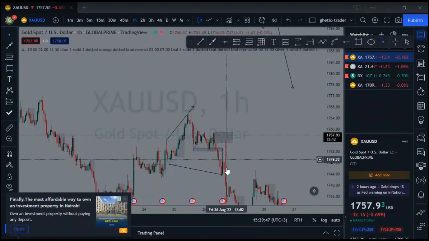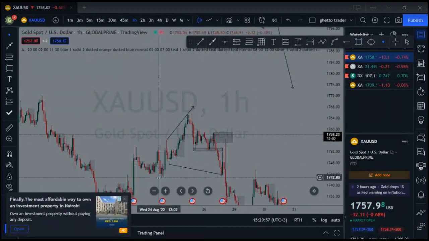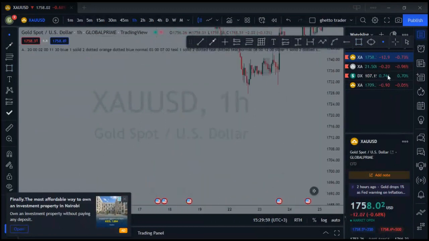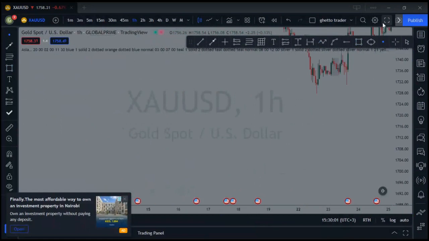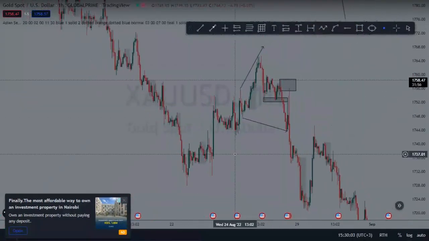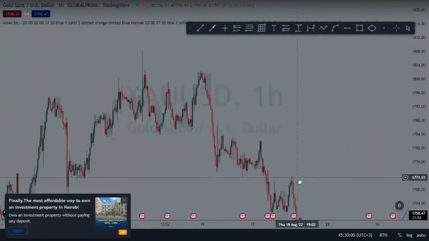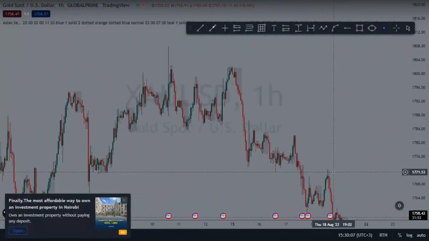That green candlestick tapped that SR, and then went down, came back, and was taken out. Then when you zoom in, you're going to find a fake out or a diamond fake out inside there. So you can go and look for another zone or another setup. Here is a setup.